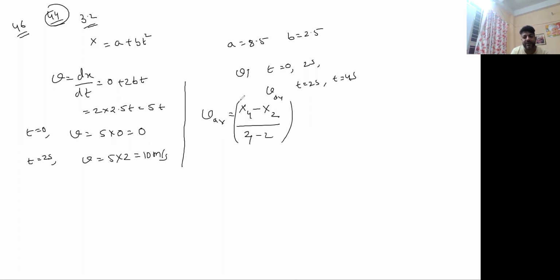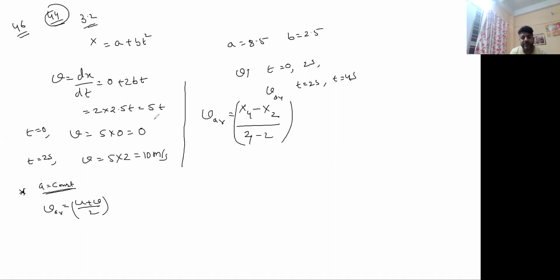You remember, average velocity is always final displacement minus initial displacement by final time minus initial time. Yes or no? With this, you have one more formula that you apply only when your acceleration is constant. When acceleration is constant, you can use average velocity as u plus v by 2.